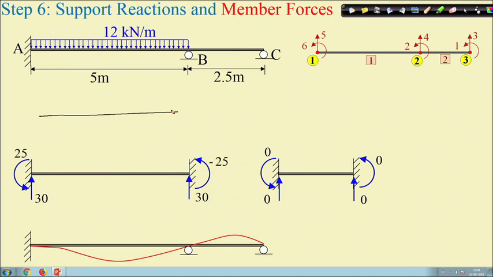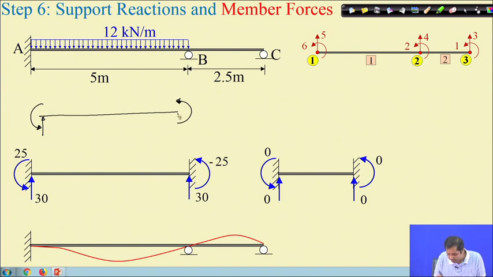Please remember, while constructing the stiffness matrix in this formulation, we assume no axial deformation takes place, and therefore there is no axial force. The only response we have is bending moment and shear force: a bending moment at each end and a shear force at each end.